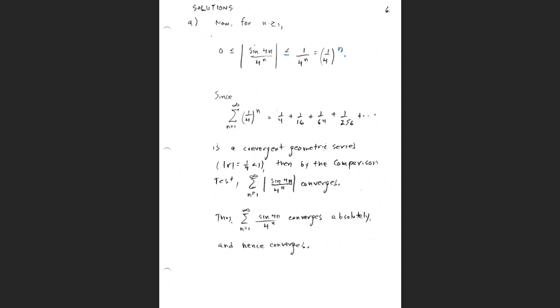We recognize the series from n equals 1 to infinity of (1/4)^n as a convergent geometric series. And so by the comparison test, the series where we take the absolute value of our terms also has to converge.